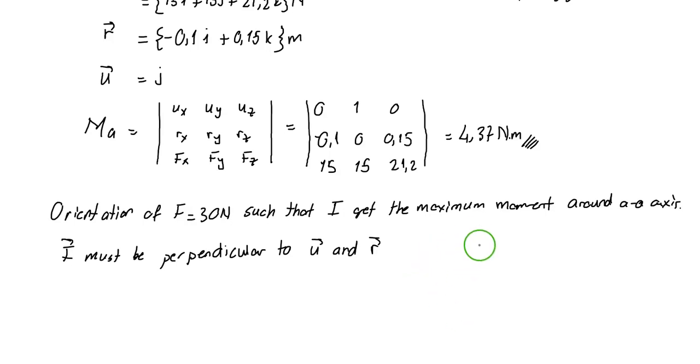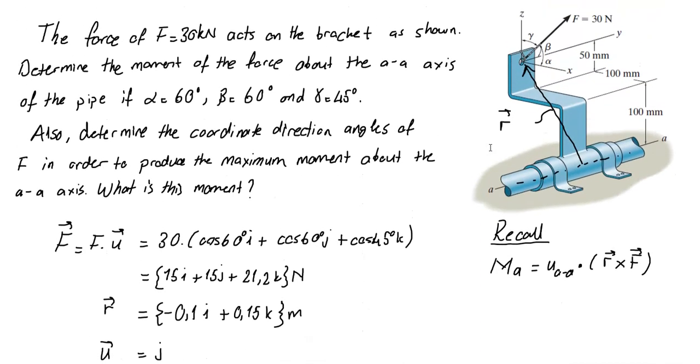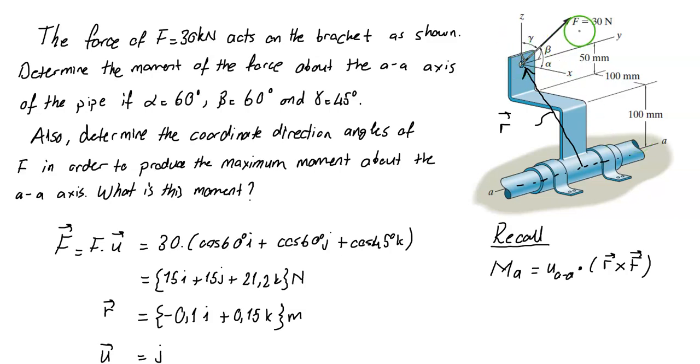So essentially, if this is my x-axis and this is my z-axis, if we go up, this F vector should be perpendicular to my r vector, such that I get a maximum moment, and it should lie on the x and z plane.